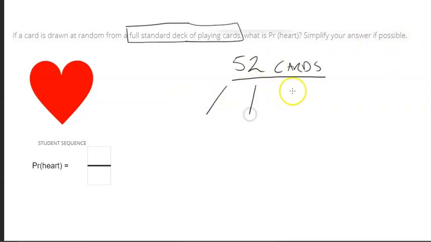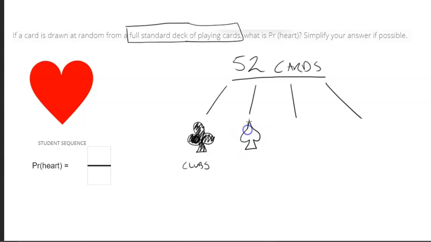From the 52 cards, there are 4 types. The first type is a club. These are called clubs, okay? They kind of look like a clover type of plant. Not a 4-leaf clover, but specifically a 3-leaf clover in this case. This is clubs. The other one is a spade.